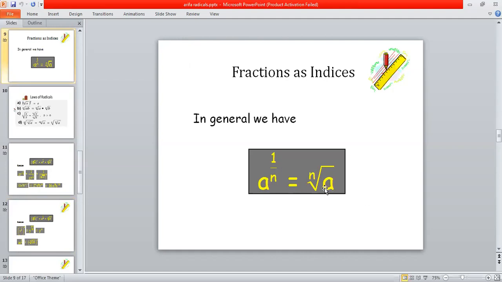The nth root of a is the radical form of this expression, and a to the power 1 over n, in which a is the base and its power is a fraction, is called the exponential form. When we convert into radical form, the number in the denominator, that is n, becomes the index of the radical. Okay.